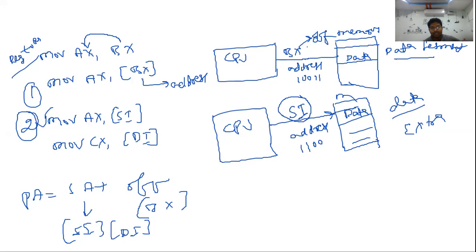For this instruction I write MOV AX, with 50H as a displacement and BX. At that time the effective address changes: DS plus 50H, the displacement value, plus BX. Just the displacement is added.